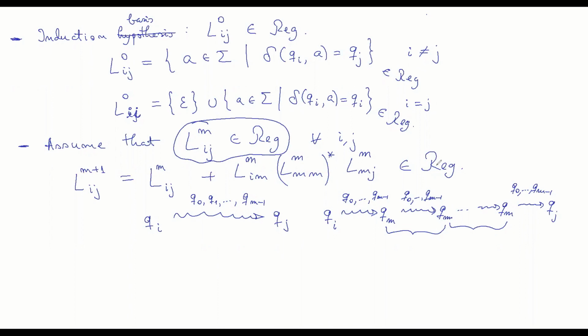However, in practice, if you go about it in this way to calculate the regular expression corresponding to an automaton, this is quite a tedious way of doing it, and the regular expression you get is extremely complicated. But fortunately, there is an easier way to calculate the regular expression corresponding to an automaton, and we are going to discuss that in our next lecture.